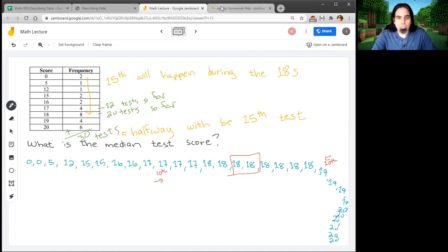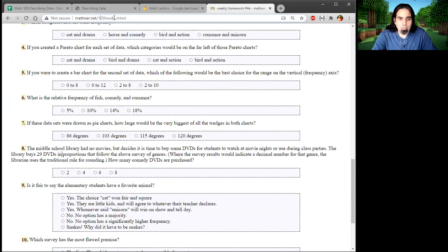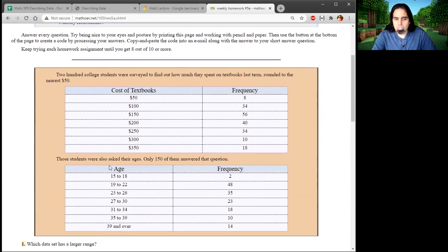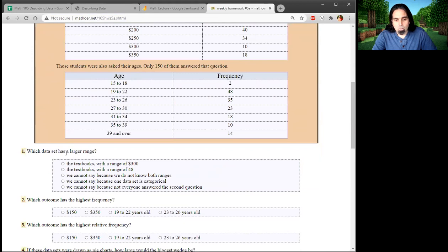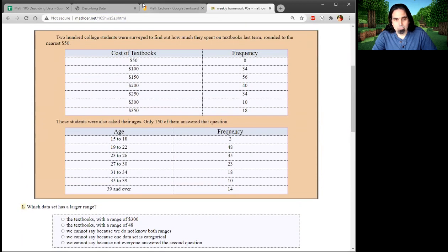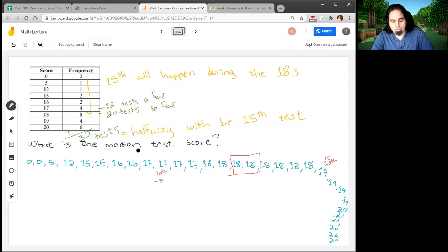Let's go back and look at our homework for 5A. So we have the cost of textbooks and student ages. Oh, I need to define range. If I ask what's the range of test scores, what makes sense as an answer?